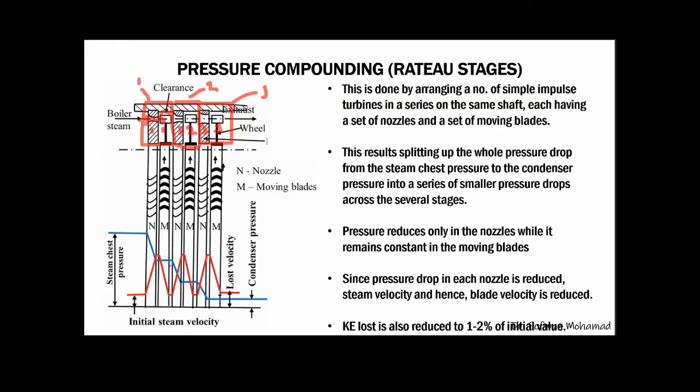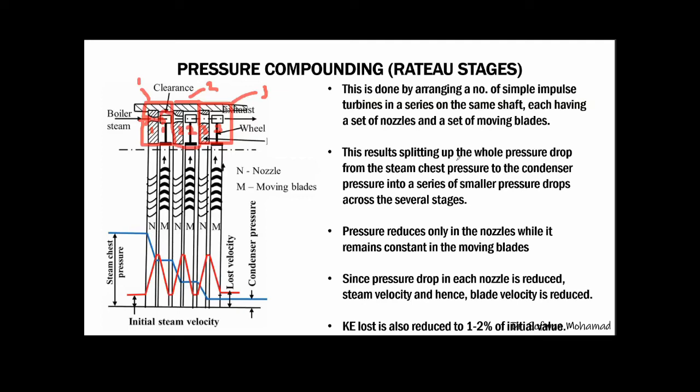And then this process happens for a few cycles, depending on how many stages the turbine has. So in the end, the pressure will come out at the condenser pressure value, and this drop from high pressure to low pressure happens in stages. It's not drastically reduced, but reduced in stages.